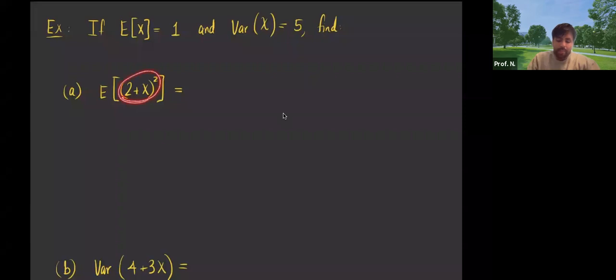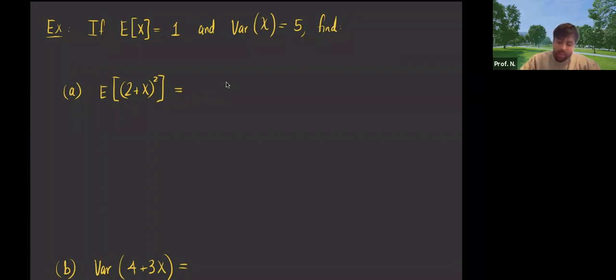Now I have this new random variable, which is based upon the random variable x. It's 2 plus x squared. I want to find the expected value of this new random variable. So how do you think we're going to approach this? Again, if you don't have anything else to think of, you can write down the definition of the expected value.